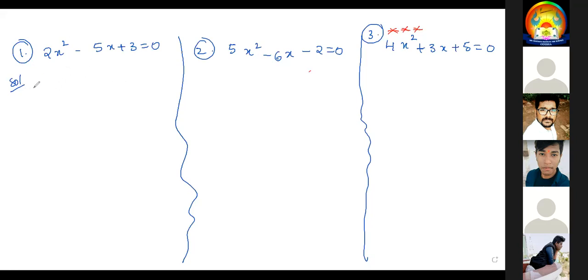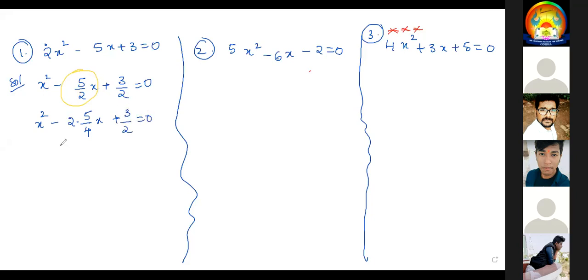First divide with 2. X square minus 5 by 2 x plus 3 by 2 equal to 0. Now, this should be an even number, so we should multiply with 2 divided by 2. 2 into 5 by 4 into x plus 3 by 2 equal to 0.